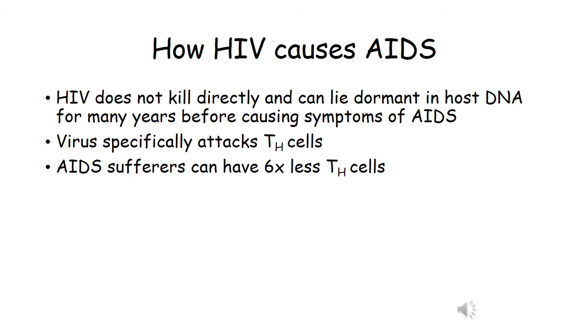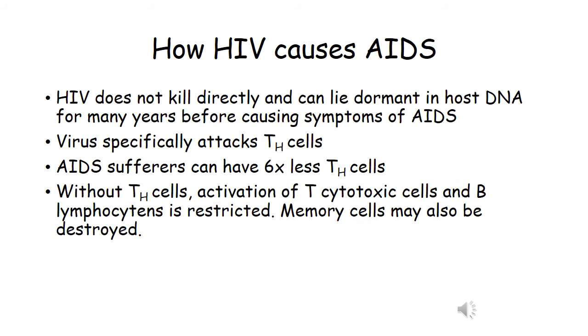And without these T helper cells, the person with AIDS has their immune system very much compromised, because they depend on their T helper cells in order to activate various other cells needed for an immune response.